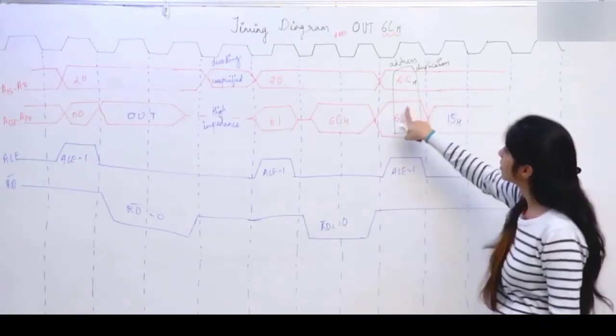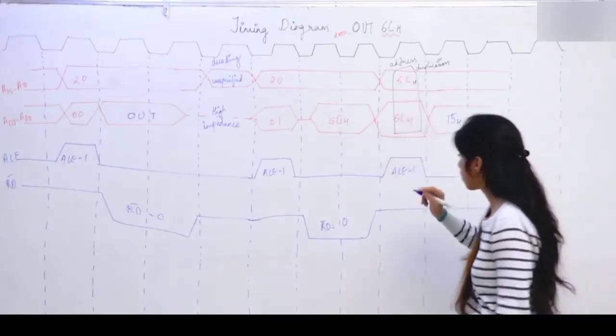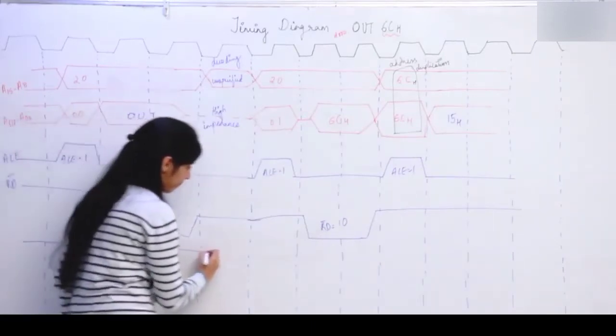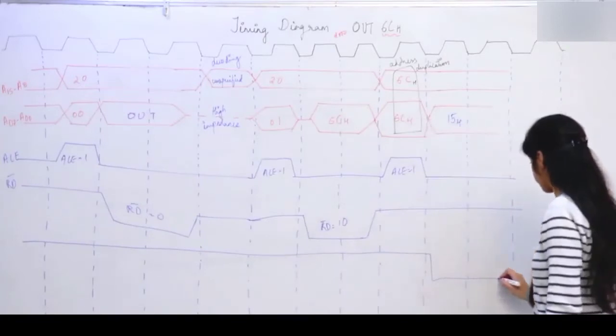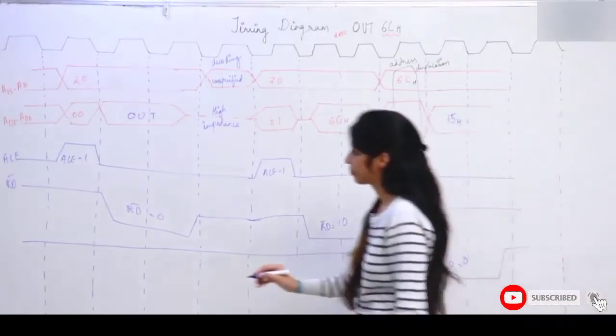So now you have reached the address, you have the data and you want to write this data. So you know what you are going to do. This is write bar. For 2 clock cycles you make write bar 0.